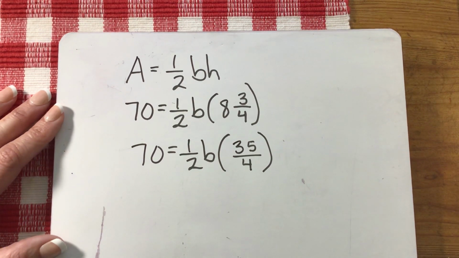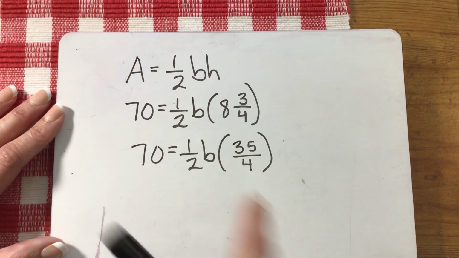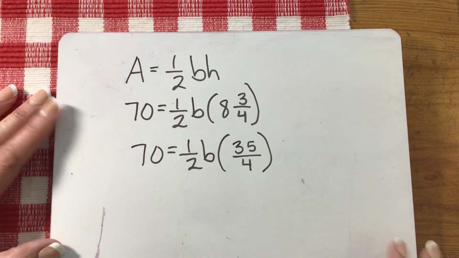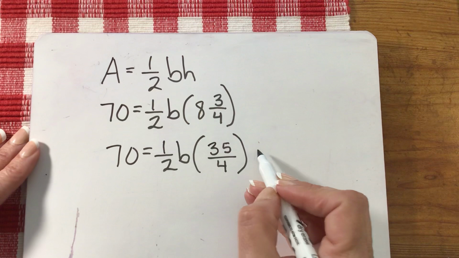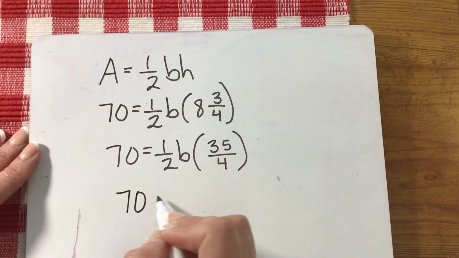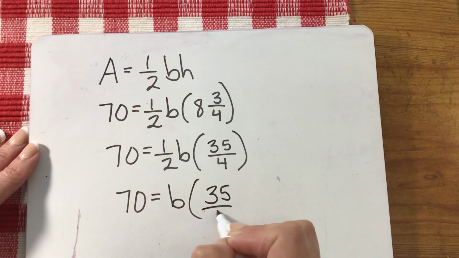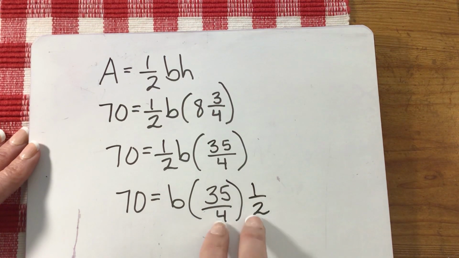Now I'm going to take 1/2 of this. Okay, now remember, when you take 1/2 of, you're multiplying. So what I'm going to do is I'm actually going to move this 1/2 over here. You don't have to do that, but I think it's going to help make a little bit more sense. And I'm multiplying this by 1/2.